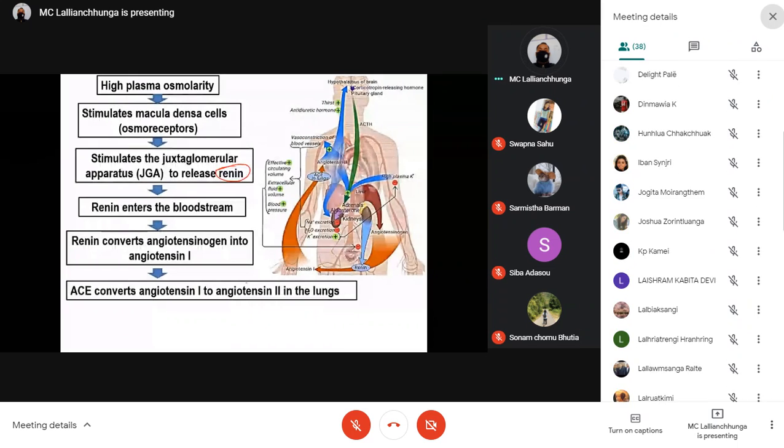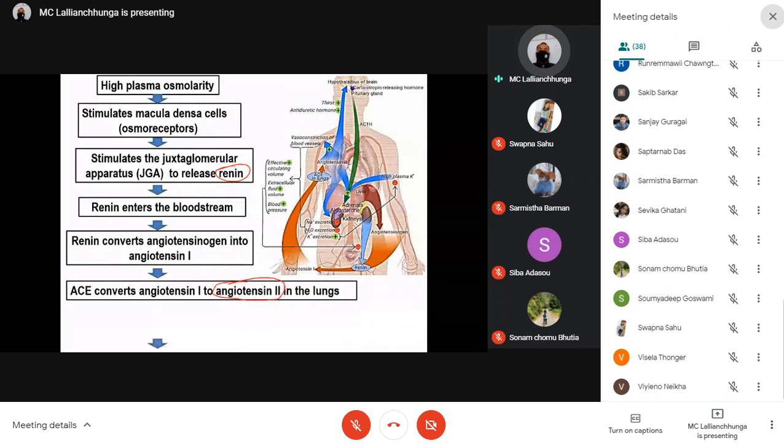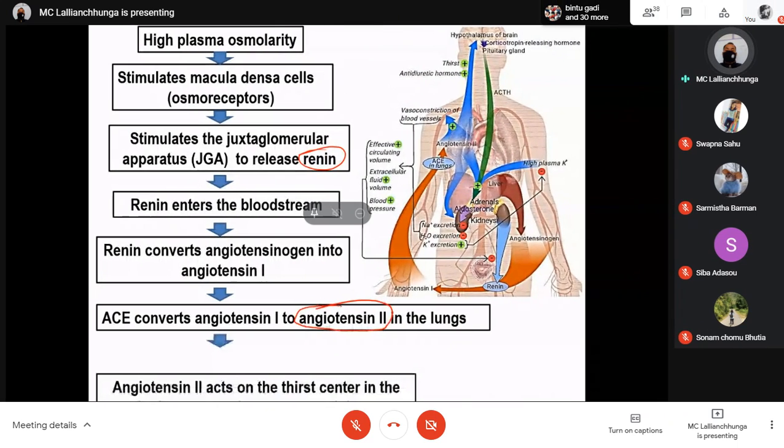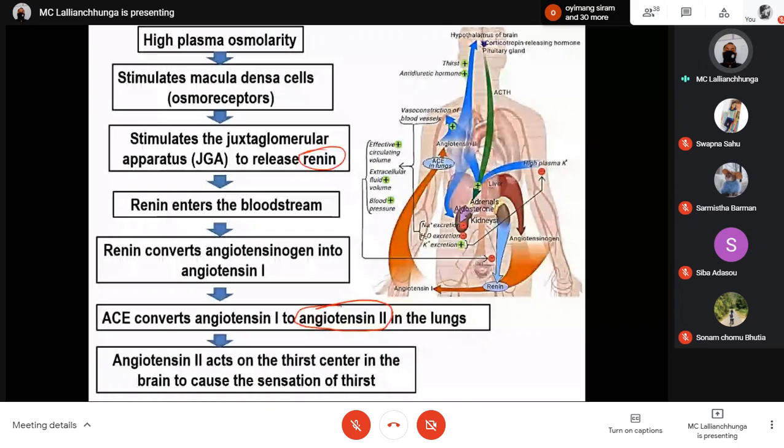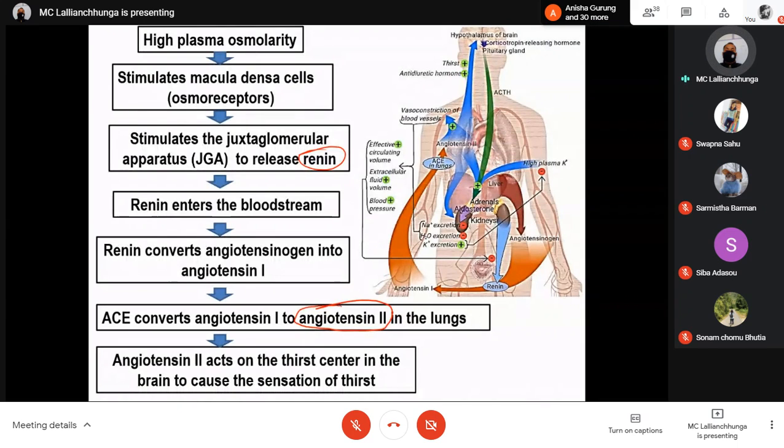This angiotensin 2 acts on the thirst center in the brain to cause a sensation of thirst. Angiotensin 2 is very important in controlling the blood pressure and the concentration of solute inside the body, because it increases sodium reabsorption. All these things stimulate the sympathetic nervous system, which we have already discussed in the RAAS system.